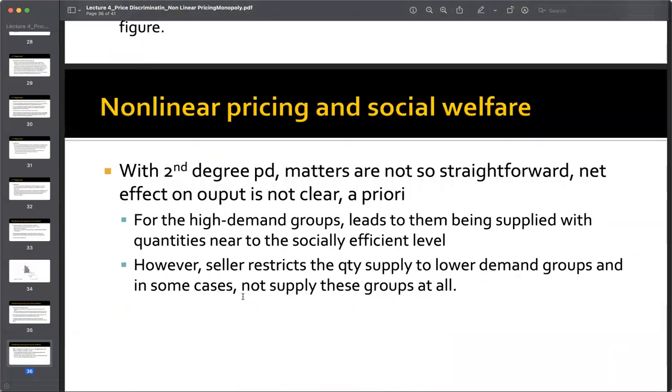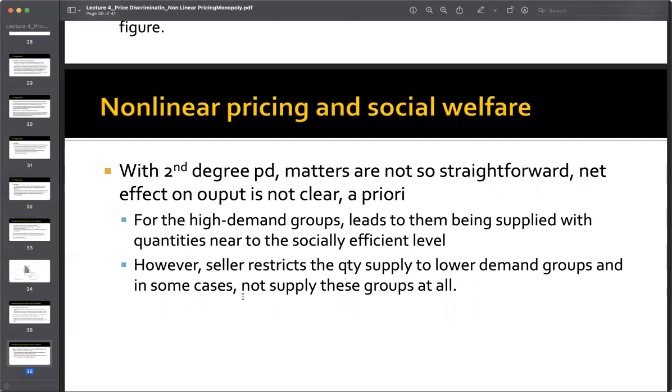With second-degree price discrimination, matters are not so straightforward relative to uniform pricing. Uniform pricing for a monopolist, which I remind everyone, you get the total or aggregate demand, then you get the aggregate marginal revenue, equate marginal cost to that aggregate marginal revenue, which will give you the uniform price across different groups, okay?